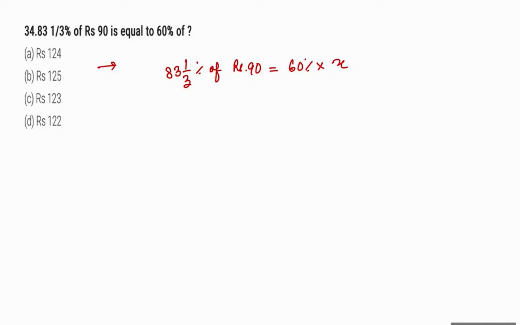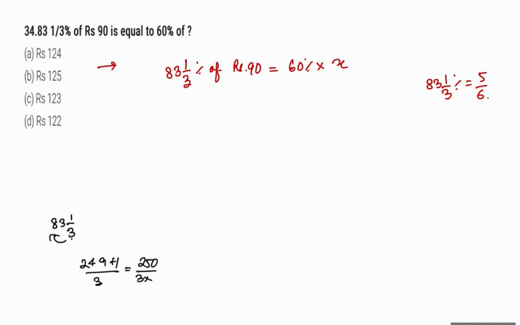To convert, multiply 3 by 83, which is 249, plus 1 by 3, so 250 by 3 percent.